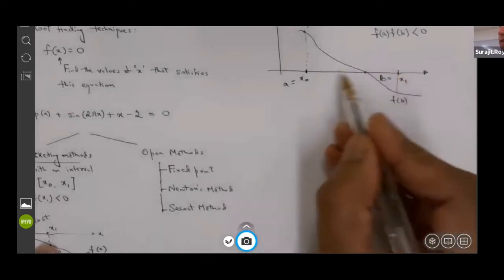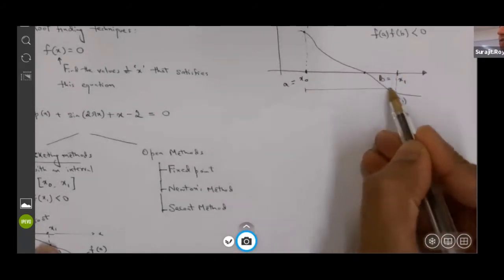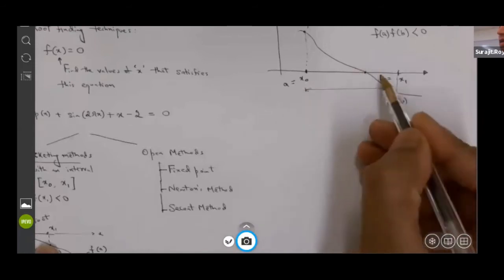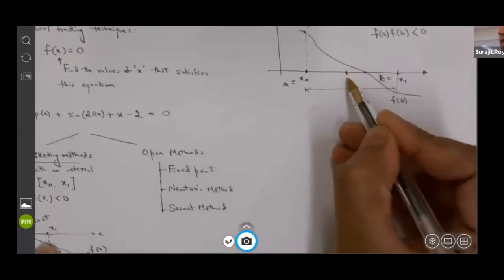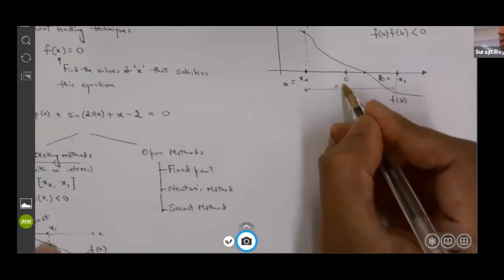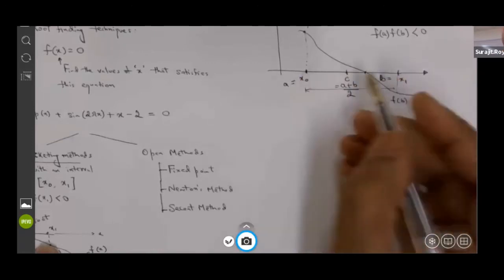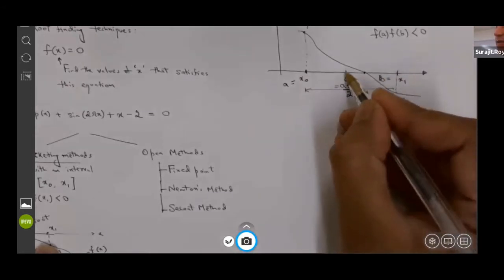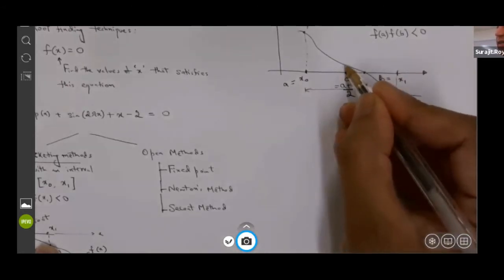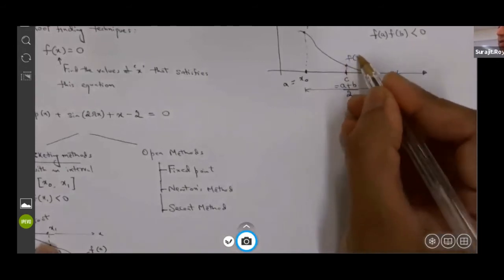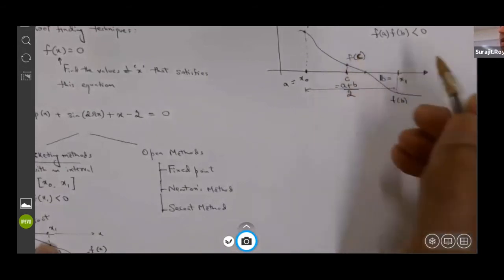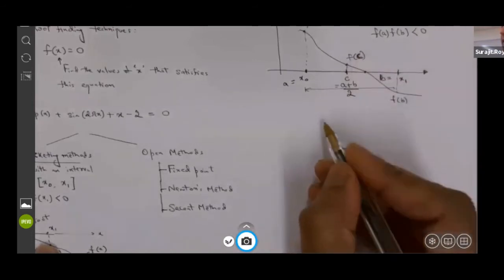To do that, you take the average of these two numbers. So you find a point C, which is nothing but the midpoint of the two starting points, A and B. And you find the function value at this midpoint. So you evaluate that.